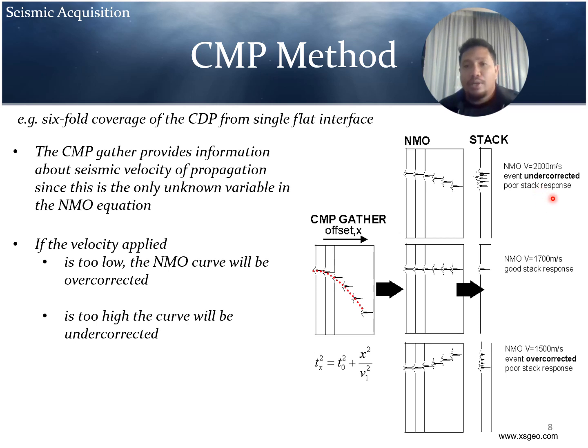So it's going to have a kind of issue, what we so-called undercorrection. Undercorrection means that the seismic events are not sufficiently corrected for fluctuation in subsurface velocity. So when the assumed velocity is too low, this kind of thing frequently happens.